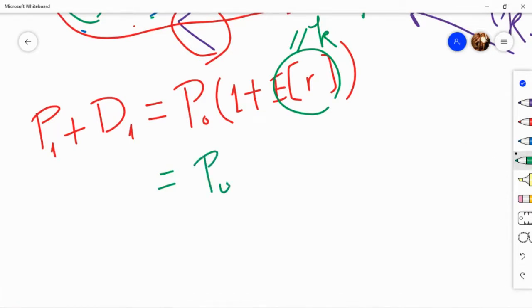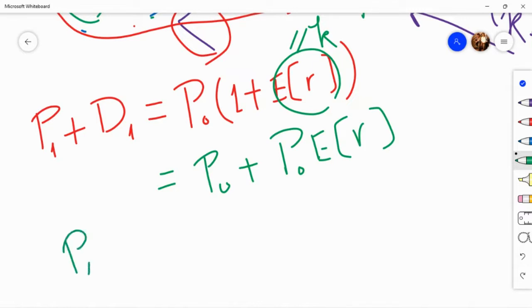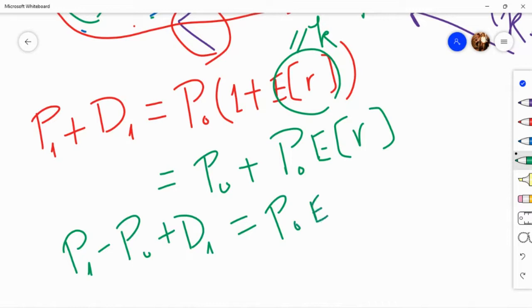So if we solve this equation, it's going to be P0 plus P0 times the expected return. Then move this to the other side: P1 minus P0 plus D1 equals P0 times expected return.